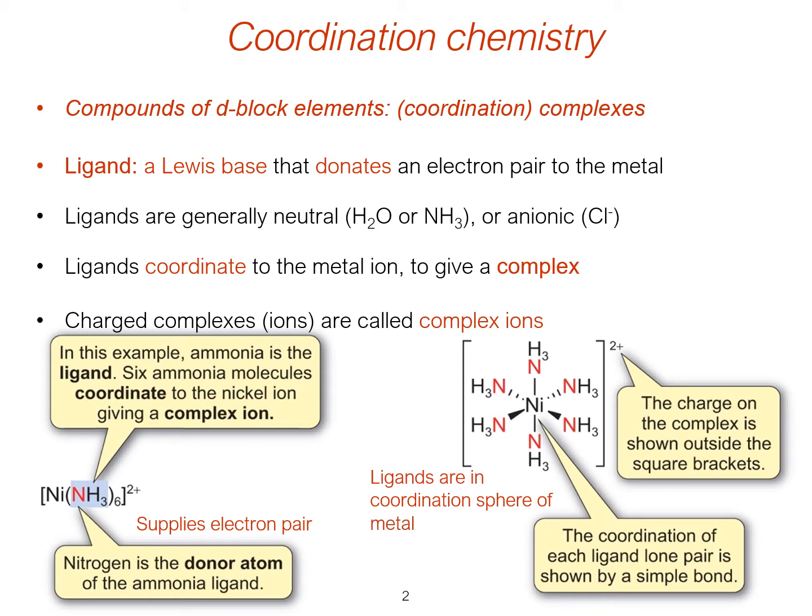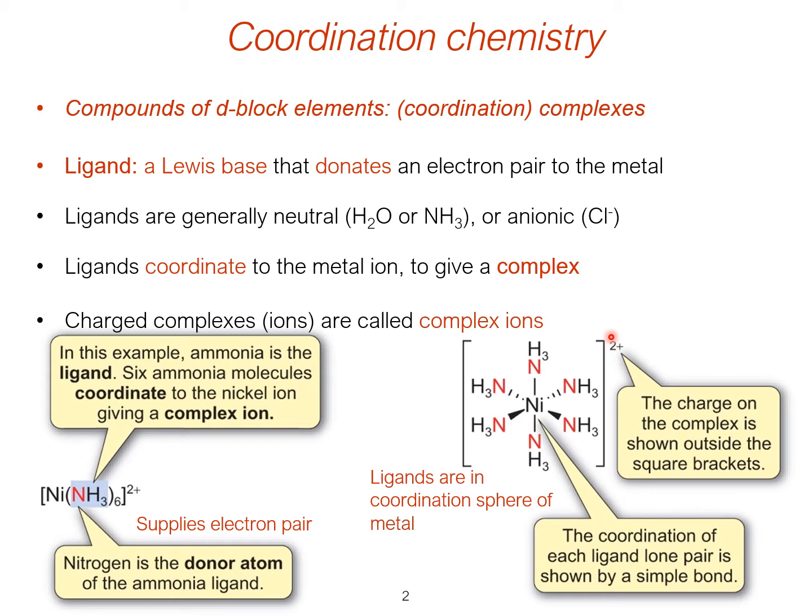So to refresh yourself, a Lewis base is anything that donates an electron pair. So in this case we call them ligands. So ammonia can be a ligand, that's the example we've got in the pictures at the bottom. So ammonia is a ligand and it's a Lewis base and it donates an electron pair to the metal. It's these metal centers like nickel in these examples, metal cations, and they act as Lewis acids because they can receive the electron pair from the ligand.